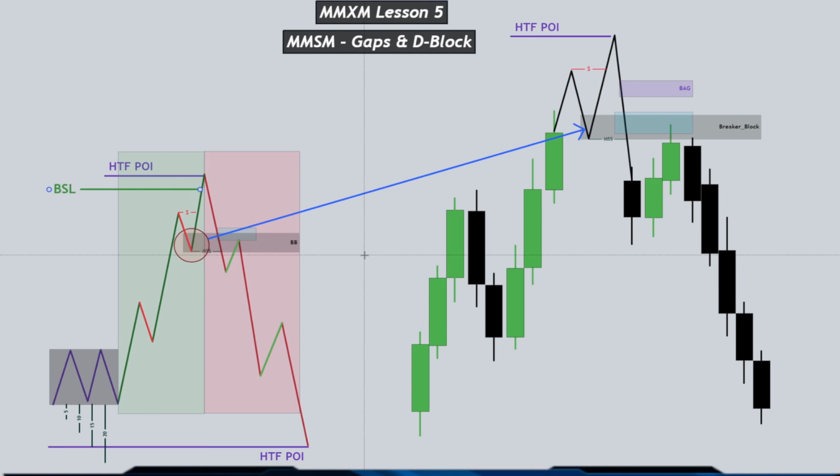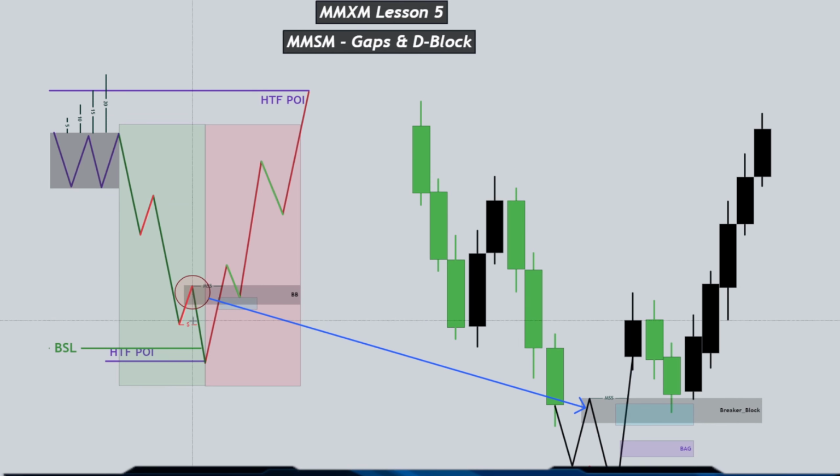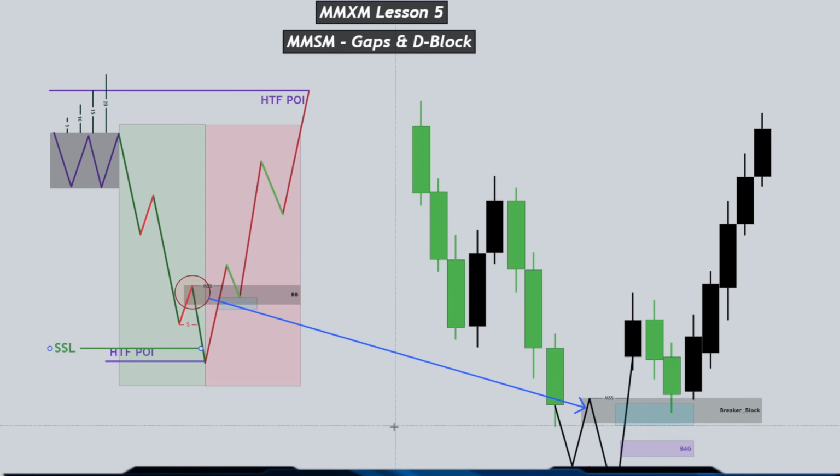So the highest probability breaker block will be formed when a high probability move occurs. Let me just invert the chart for a second and show you what I mean by that. So it will be the sell side liquidity in this case.